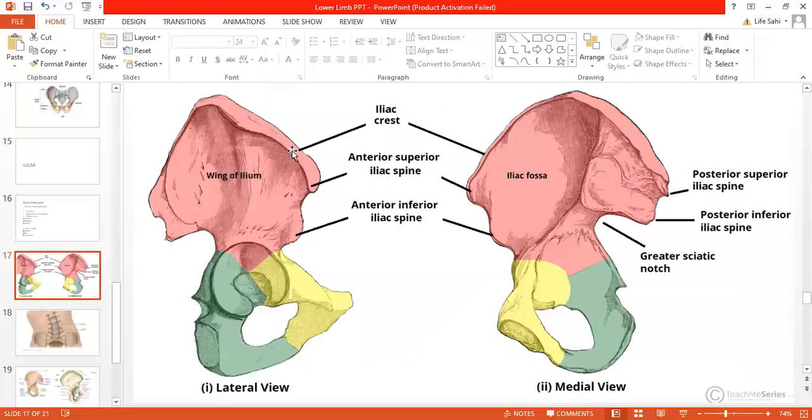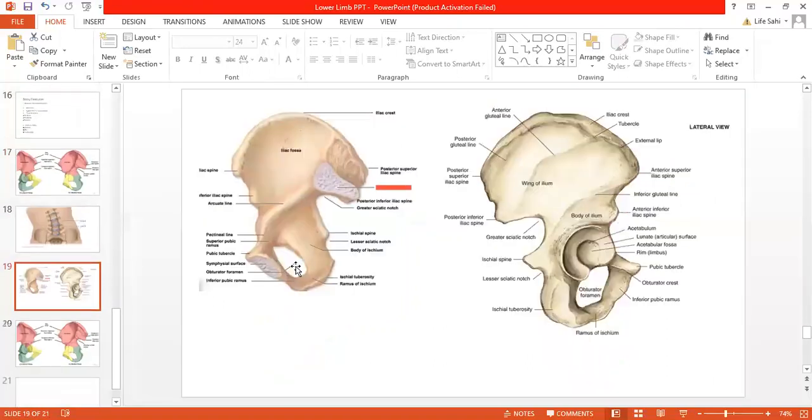Also, the iliac crest is divided morphologically into at least two divisions: a long ventral division, or anterior division, and a short dorsal segment. So there are two morphological segments of the iliac crest.